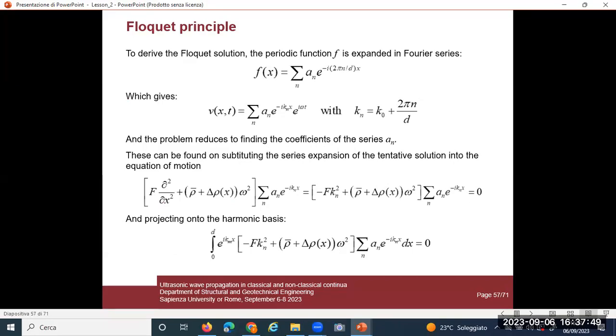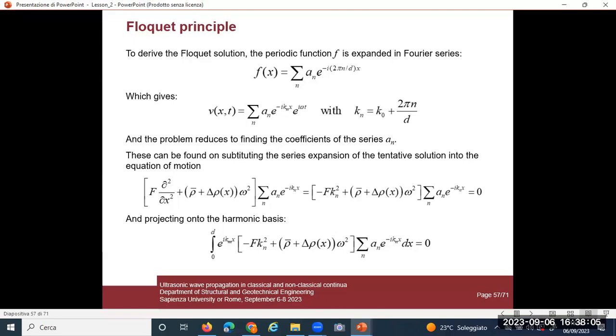Then what is the idea? Since the modulated part of the solution is a periodic function, we can think of expanding it in Fourier series, like that.